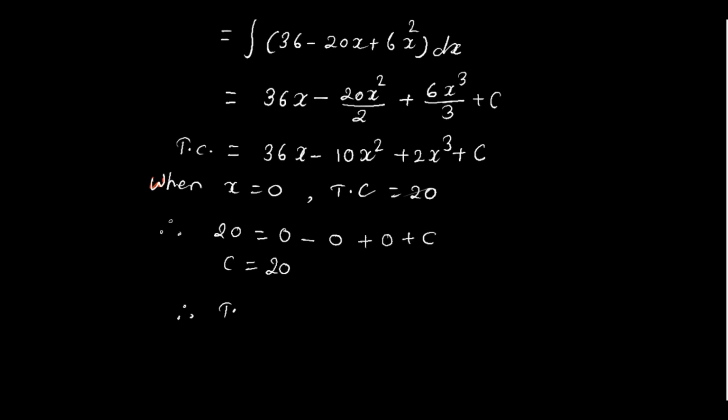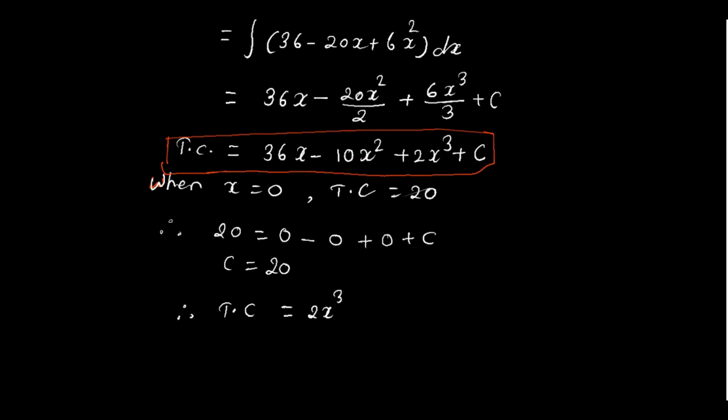Therefore, the total cost function TC equals, arranging in descending order of the power, 2x cube minus 10x square plus 36x plus 20. So this is the total cost function.